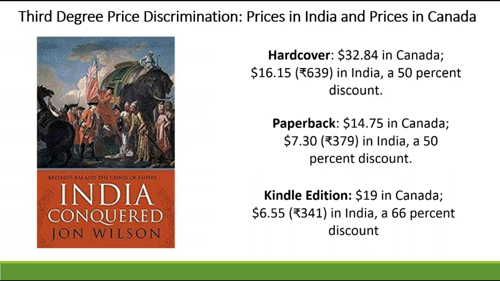Just to sum up, the basic idea is that based on observable characteristics, we can divide up or segment our customers into different groups and charge them different prices. And the result is a profit contribution that would be greater than if we did not segment the market in that way.